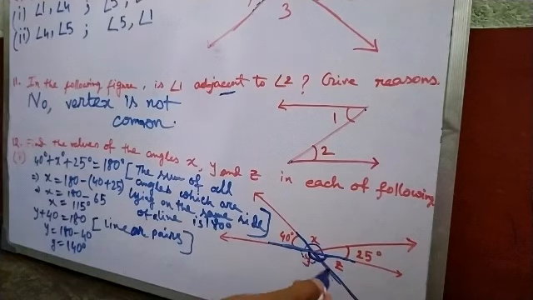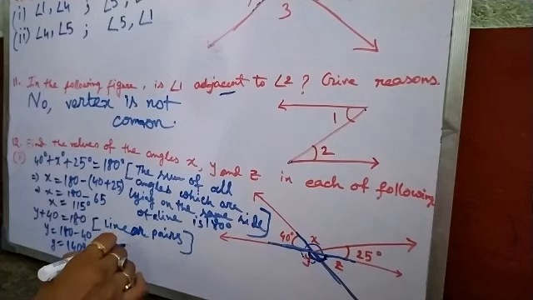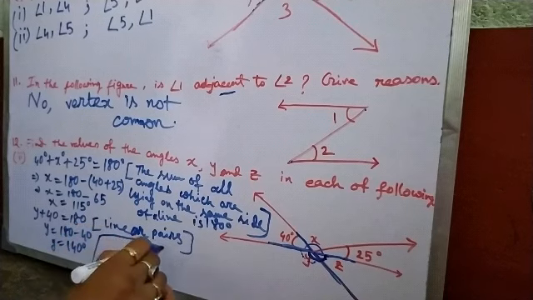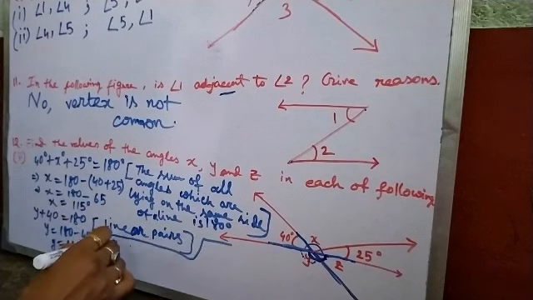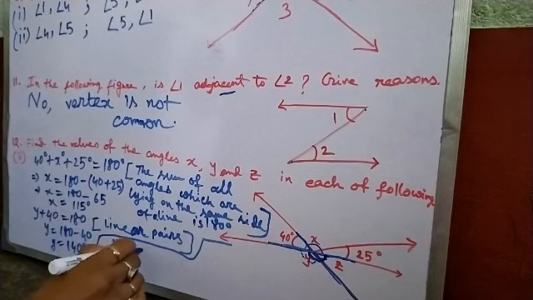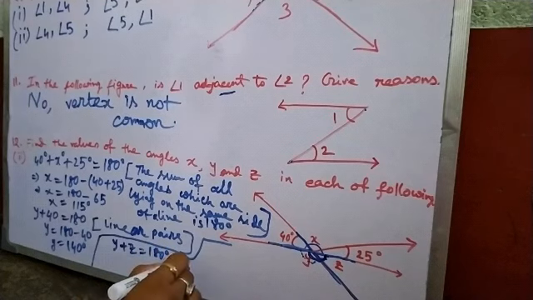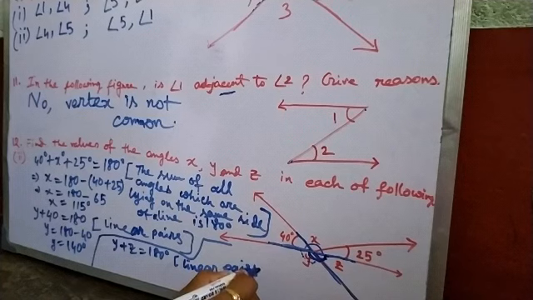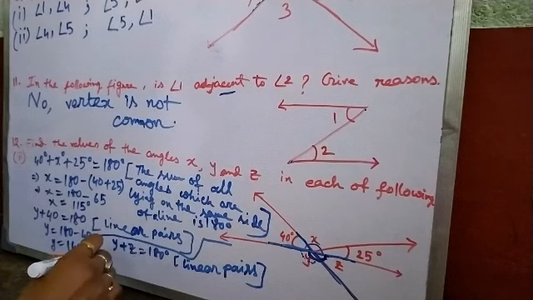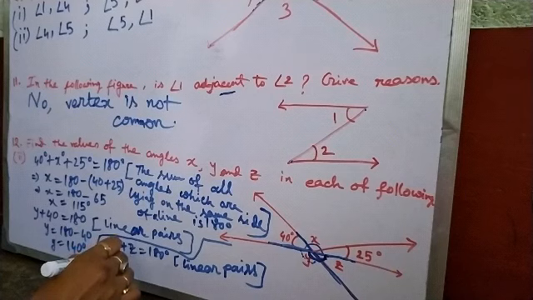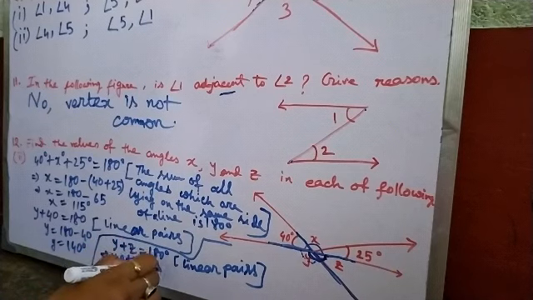So y plus z equals 180 degrees. The reason is linear pair of angles. Here the value of y is put, that means 140 plus z equals 180 degrees.